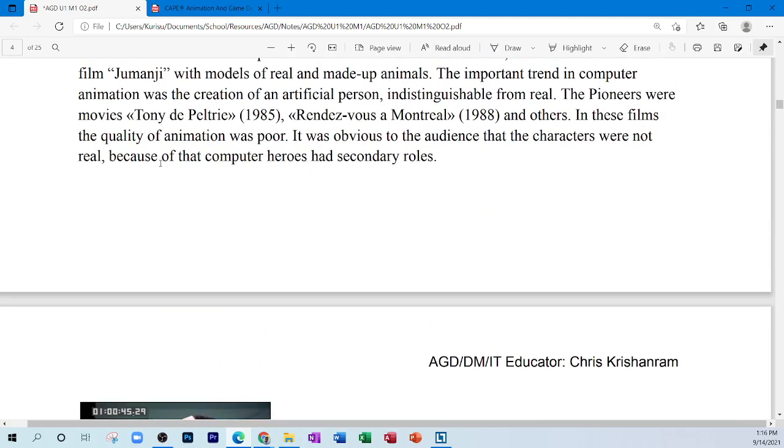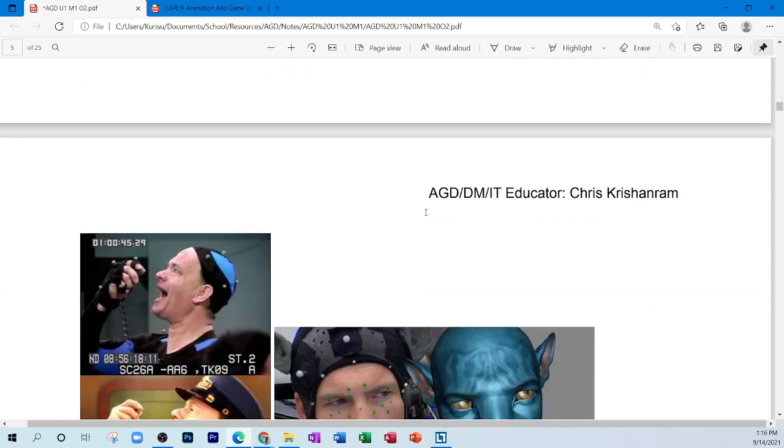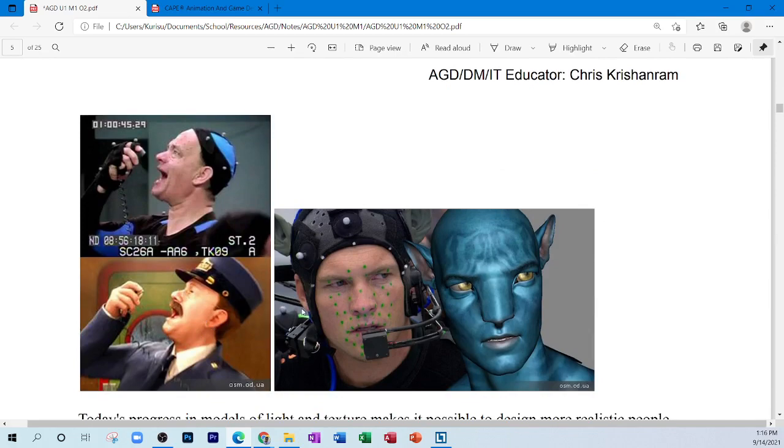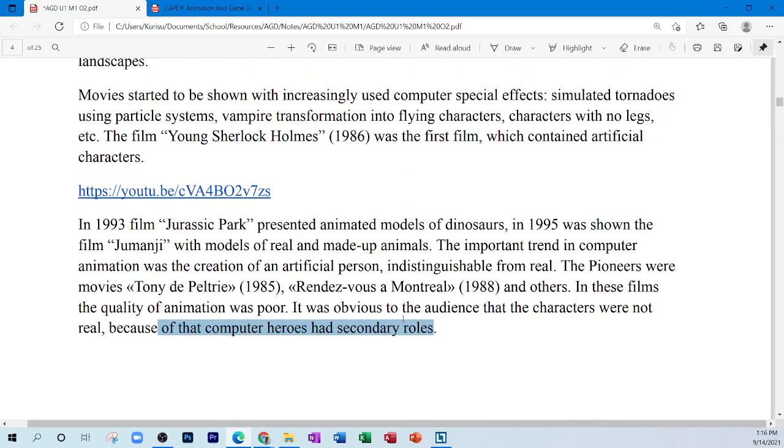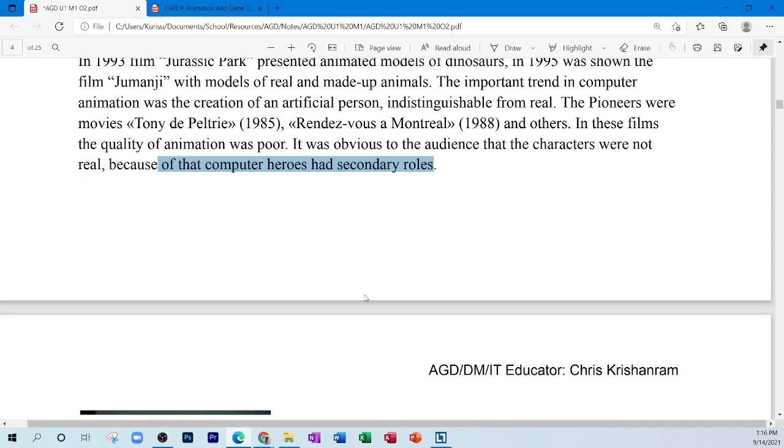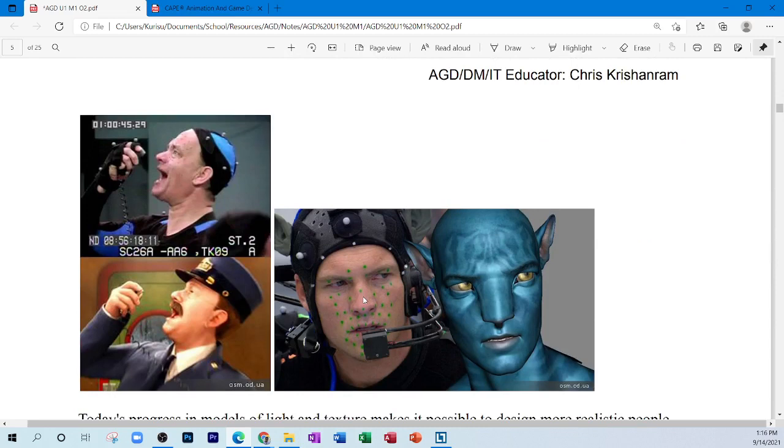So that's why we have this sentence here: because of that, computer heroes had secondary roles, meaning that because they weren't so realistic, they weren't so much of the primary focus when it comes to whoever was viewing the content.